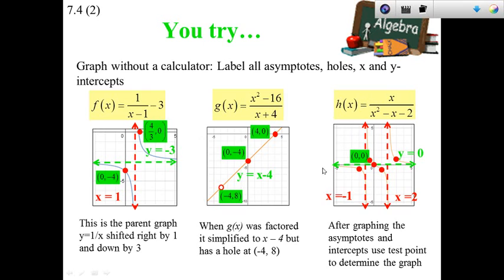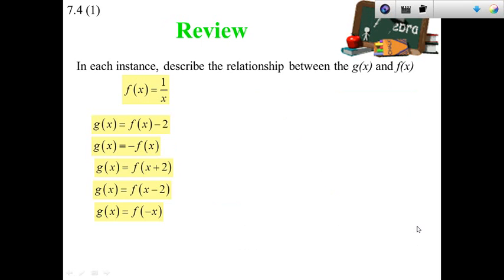The last slide is a quick review on 7.4 that we've done before, and here is what we have to do. For each instance, describe the relationship between the g of x and the f of x. So if f of x is 1 over x, and g of x is f of x minus 2, what does that mean?